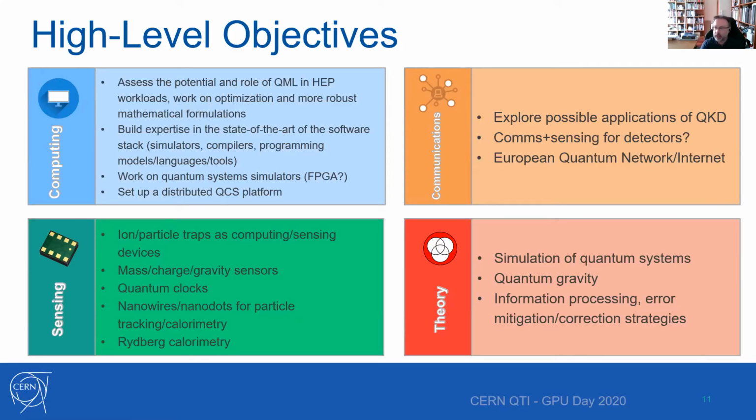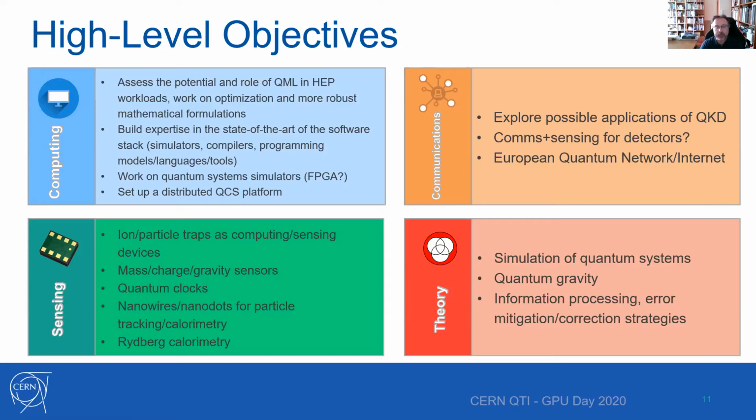So, for example, you see here a few ideas for computing. Our main objective is to assess the role of quantum machine learning. Of course, we see everywhere a growing use of machine learning and deep learning techniques in all the different computing workloads. For HEP, we would like to understand if there is potentially an advantage in the future in using a quantum approach to these machine learning activities.